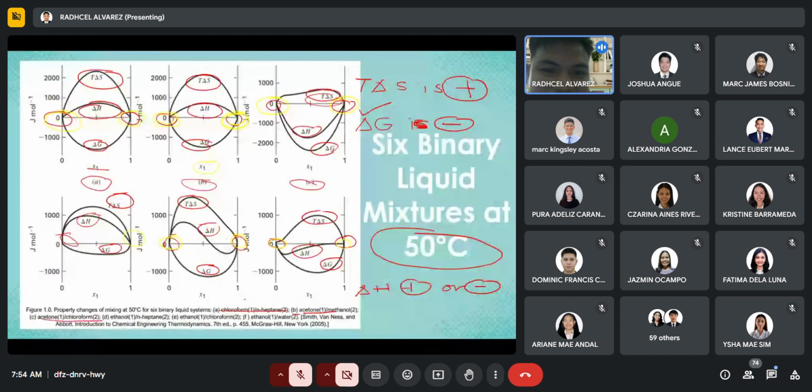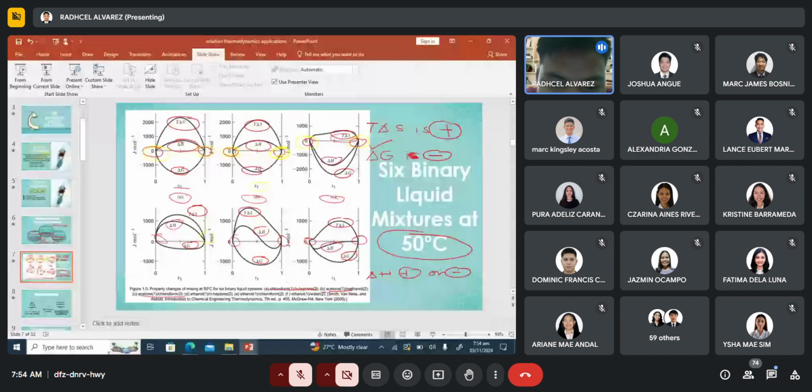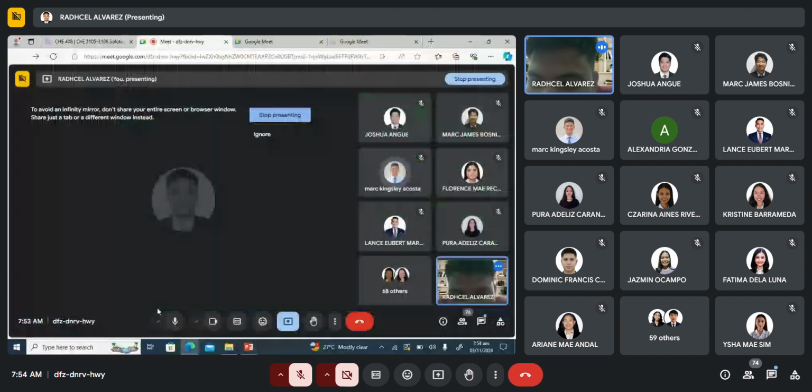So katulad dito sa zero at nag-approach sa 1, ano kaya ang nangyayari kay T delta S, delta H, and delta G? So sa tingin nyo, ano nangyayari sa value nila kapag 0 and 1? Paki-comment ulit ang inyong sagot.